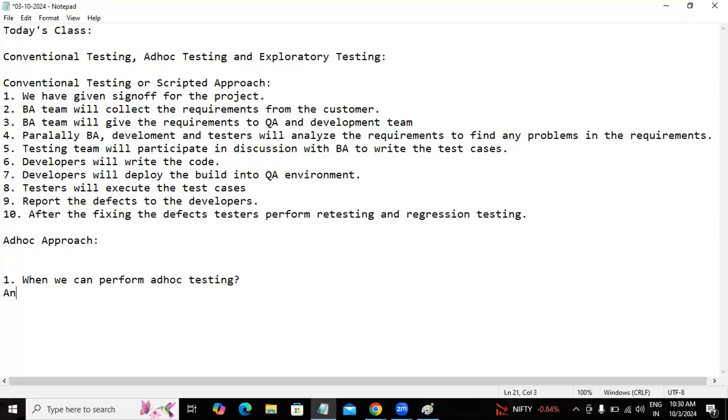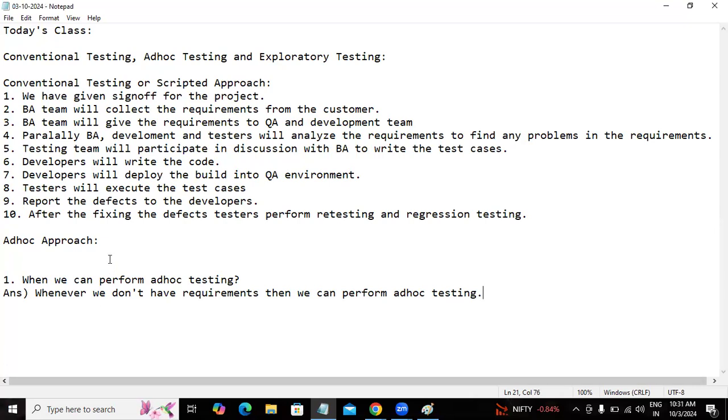The answer is, whenever we don't have requirements. Whenever we don't have requirements, then we are going to perform ad hoc testing.